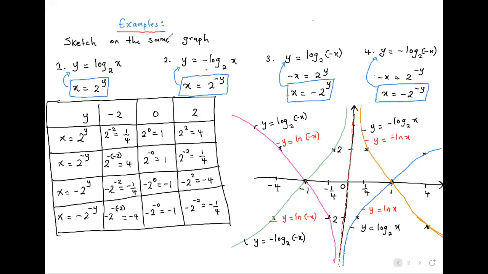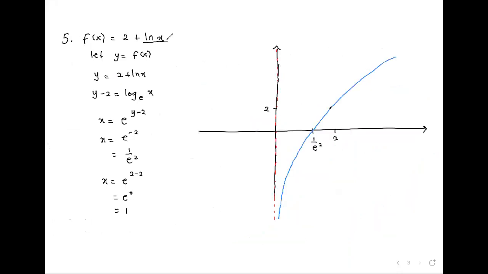After having this shape, it has a shift of 2. The question is, how do we apply this shift? If we introduce y where there's f of x, it will look like this. Then we take it to the other side, so that this function is taken to exponentials. We'll have y minus 2 representing log e x, since ln is the same as log e.